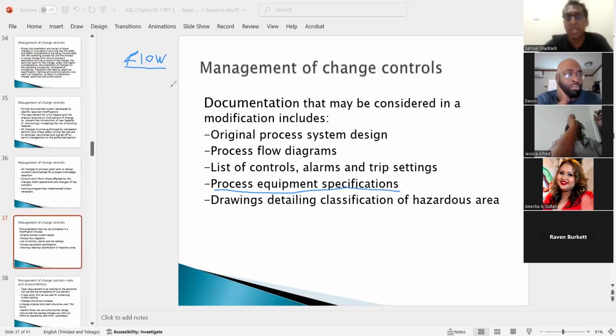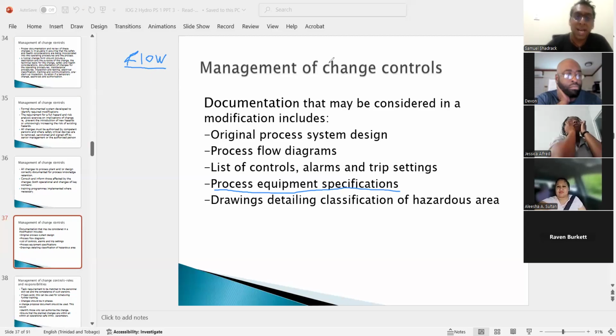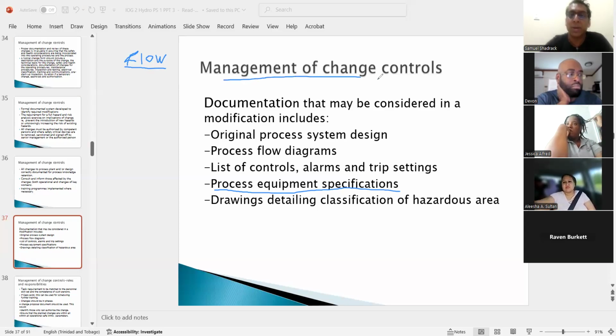If you increase the RPMs, you're going to get more flow to the vessel, more flow to the tank, meaning that the client will be getting their oil on time, right? But again, if that is something here, process equipment specifications, so you change the RPMs, then that would require a management of change form to be filled out. I didn't really want to make it so technical, but that's a simple one anyway, right?